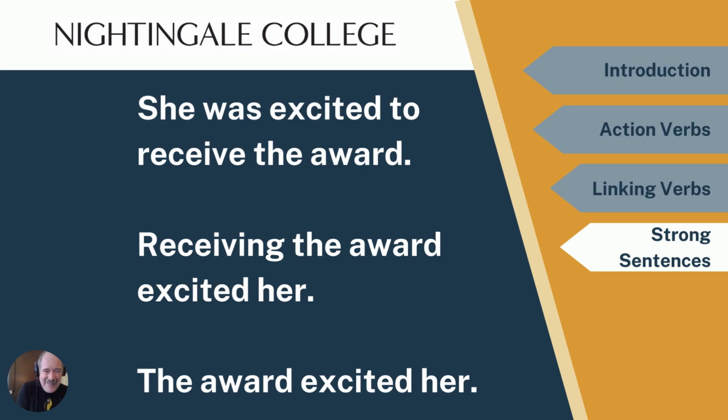And we can kind of tell that because was is going to be a linking verb pretty obviously as a form of the verb be. And we can revise this and shorten this even further. The award excited her. Bear in mind that APA writing favors brevity, conciseness, and directness.